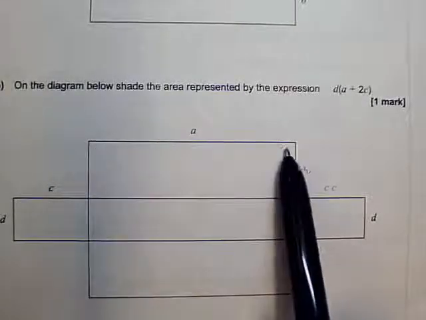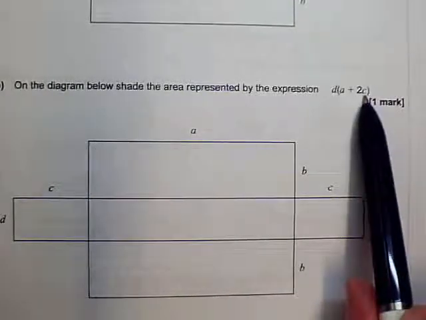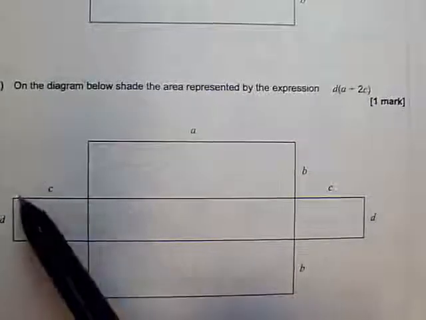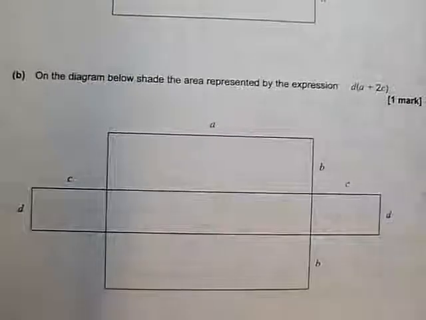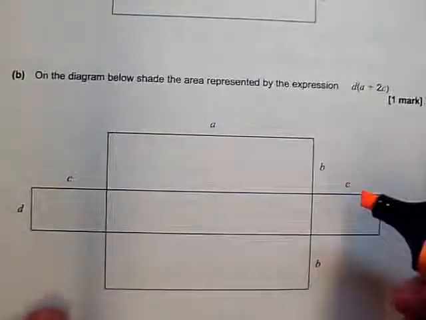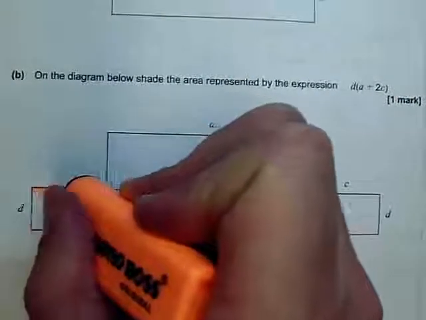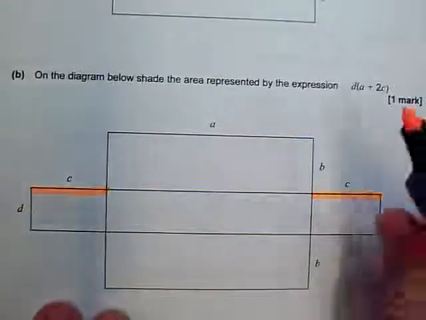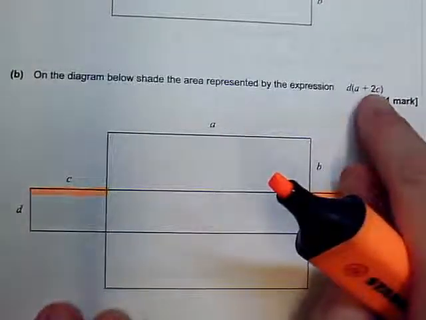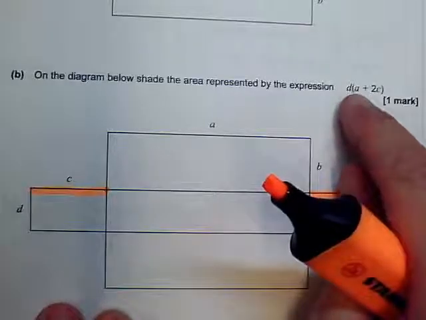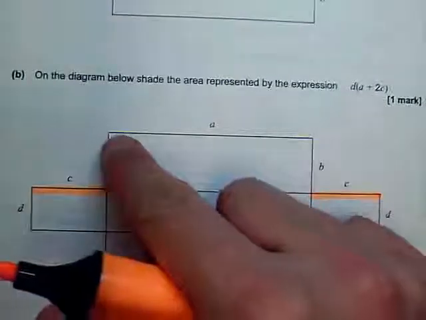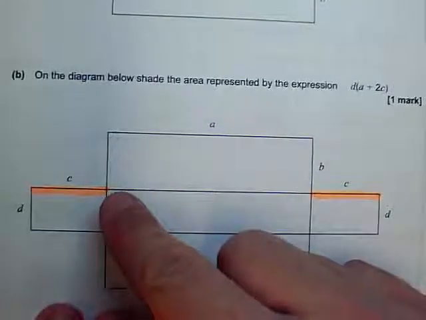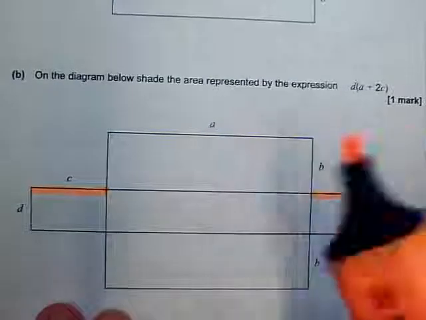A, remember, is this length here. 2C, now C is this length here and this length here. Okay, so I'm doing C and C because C plus C is 2C. I'm also adding on A, and A is all of that, and we just discussed that that is the same as this.